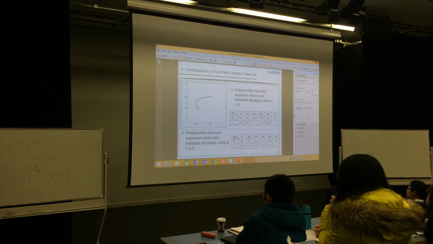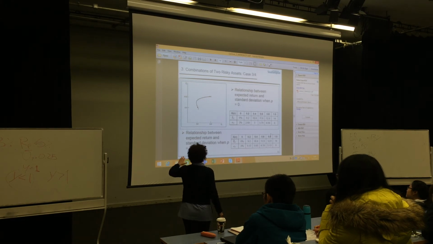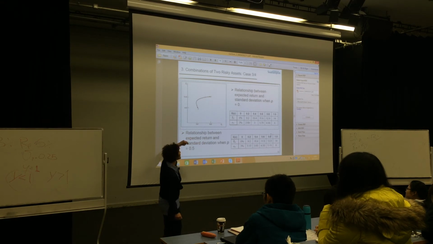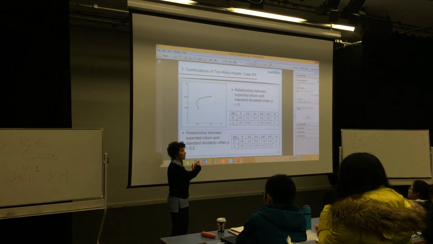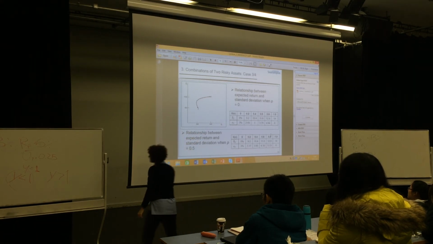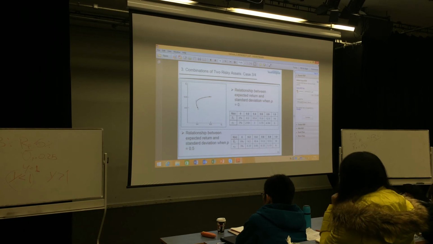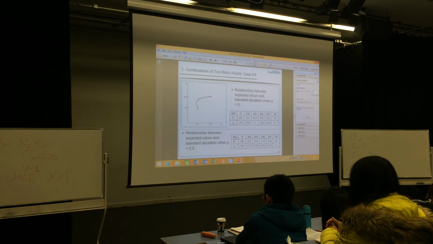Again, it's difficult to find a perfect correlation of +1 or -1. So I can also have different values of rho, for example 0.5. So my frontier, the combination of the two assets, is going to be curvilinear. So I still get some benefit from diversification, because as you can see, if I move here, given the same risk, I can get a much higher expected return.